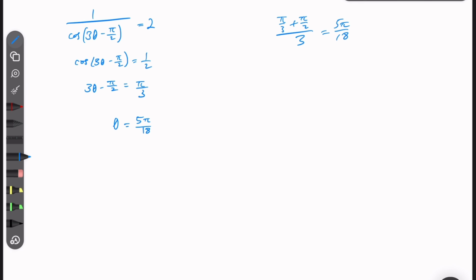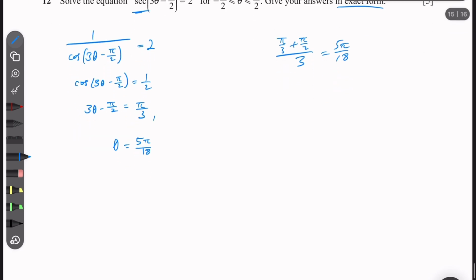Okay, so find the other base angles. We have 4 quadrants, and cos is positive in the first and the fourth quadrant. So to get the next base angle, we have to take 2 pi minus pi over 3 to get 5 pi over 3.